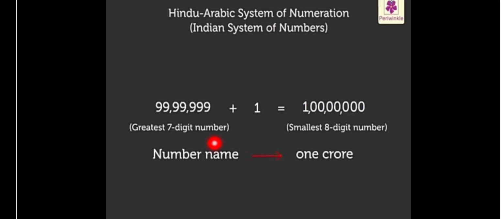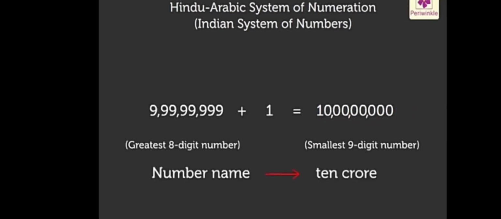Here an example is given. The greatest 7-digit number is 99 lakh 99,999. If we add 1, what will we get? The smallest 8-digit number, and the number is 1 crore. Okay, here is another example.